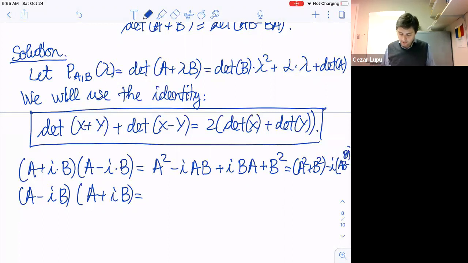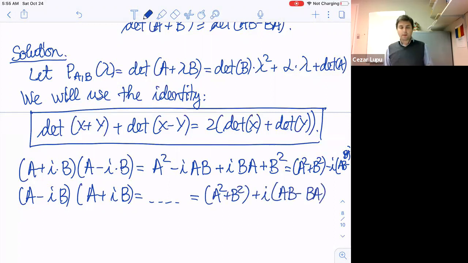Okay, and this guy, by doing the same thing, will give you A squared plus B squared plus i times AB minus BA. All right, and now you're just going to apply the determinant to both of them, and then use the identity anyway.